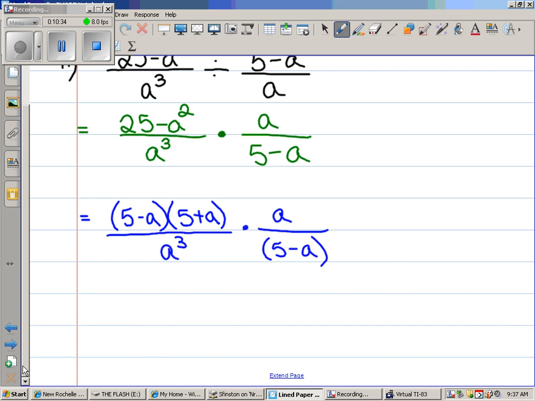After you do that, you just do cross-canceling. 5 minus a cancels with 5 minus a. This a cancels with one of these three a's and leaves me with a 2. And you get 5 plus a over a squared.